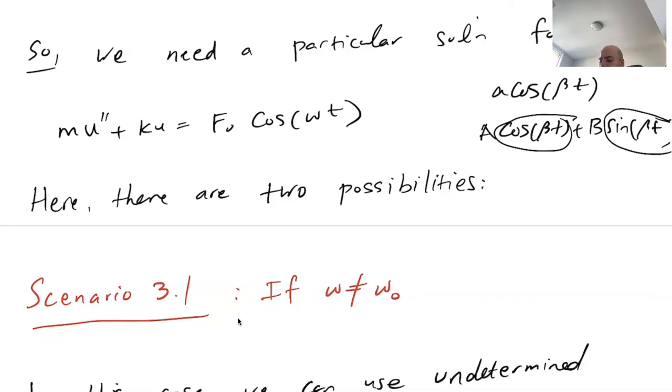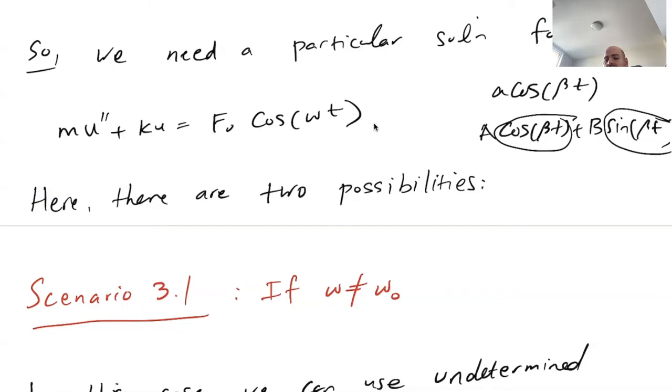Because if this cos beta t is already a solution for the homogeneous equation, that means when you replace u with this, mu double prime plus ku becomes 0, and it cannot be equal to this function anymore.